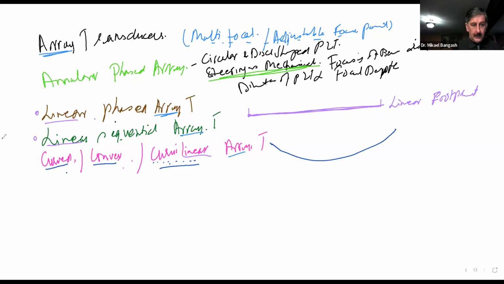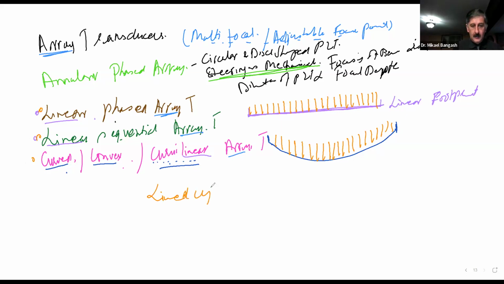But what all three of these transducers have in common is that if we look at the PCTs, or crystals as we may call them, the PCTs are lined up side by side.